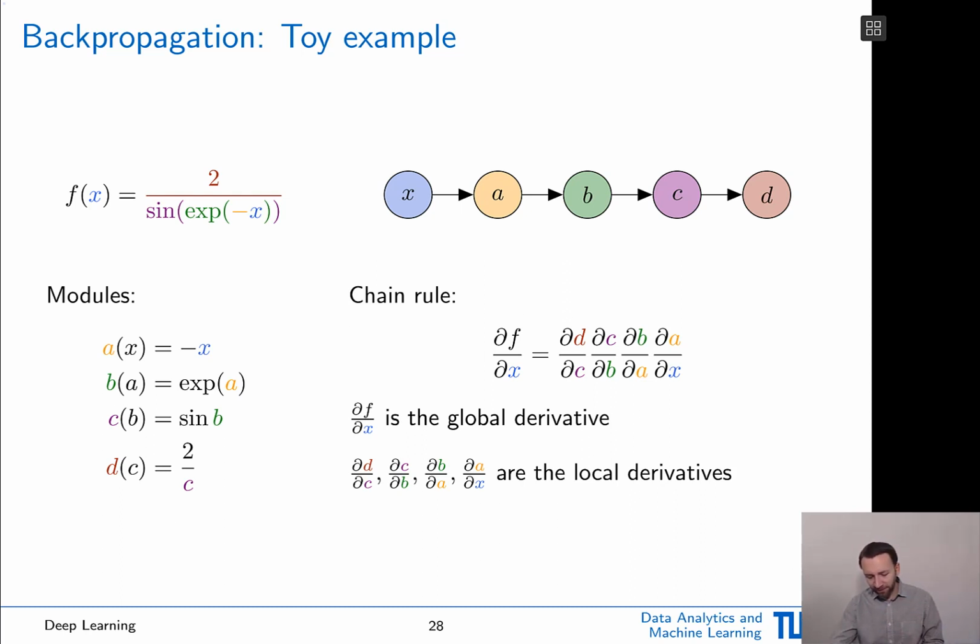So getting the gradient of f with respect to x means, if you look at this decomposition, we can compute the gradient of d, right? d equals f here in this case, right? So d is f. We can take the gradient of d with respect to c, right? Then of c with respect to b, b with respect to a, a with respect to x.